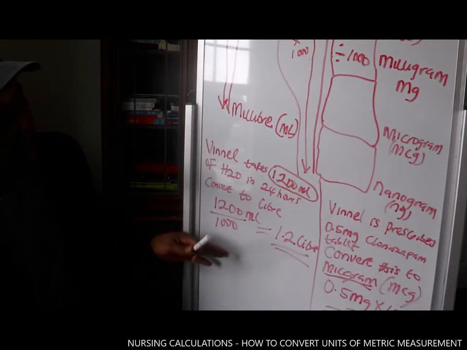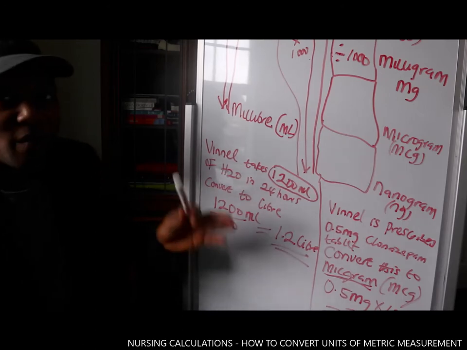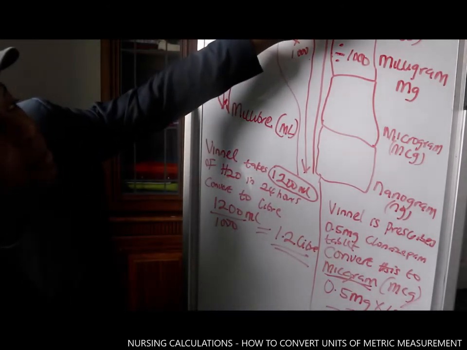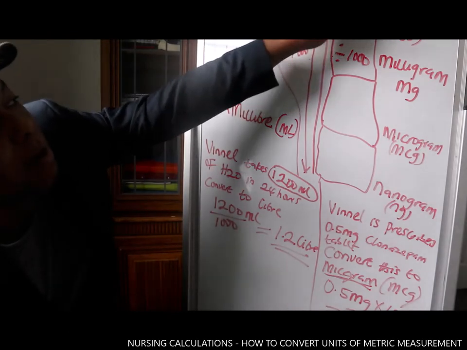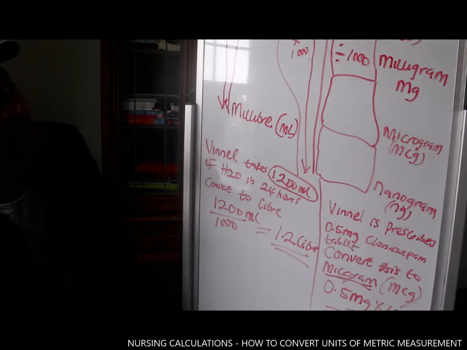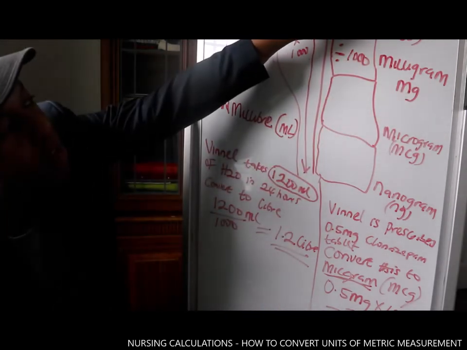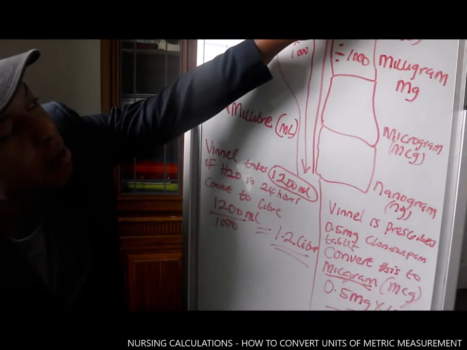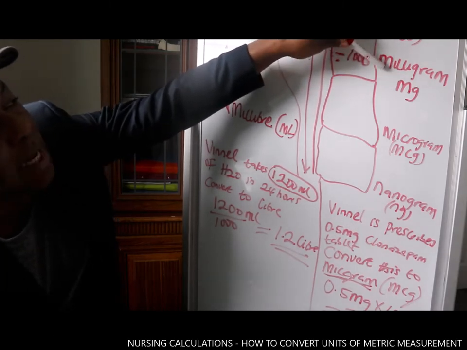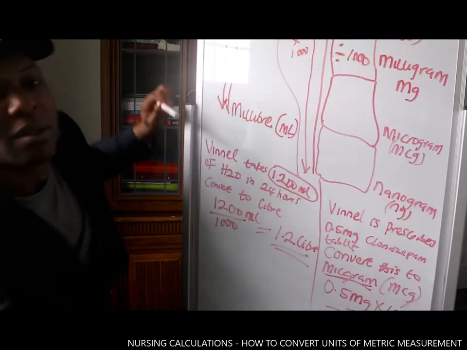They can ask you to convert many things, like 1 gram to microgram. From here, for 1 gram to microgram, you multiply to get the answer.